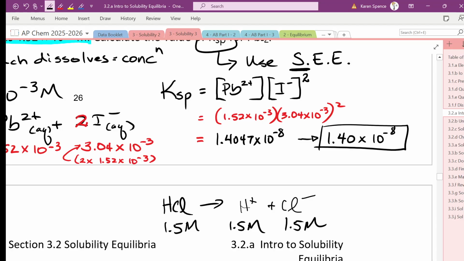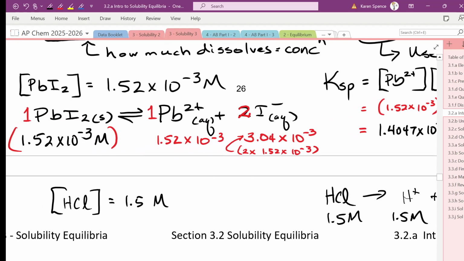Yes. So you've already learned part of section 3.3, even though we haven't even started it, because it's all things that you already know. You know how to write a K expression. You know how to find the concentration of ions based on the concentration of the thing that's dissolving.